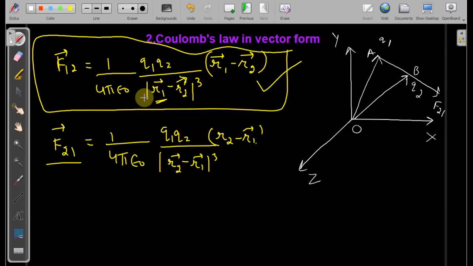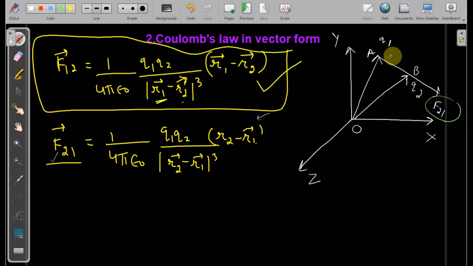So similarly we will find the electrostatic force of attraction on the second charged particle due to the first one. Here I wrote directly by changing the indices, and I will show you how to derive this one also. Now in this case the force acting on the second charged particle due to the first particle is F21, and the direction of the force is from A to B, from 1 to 2.